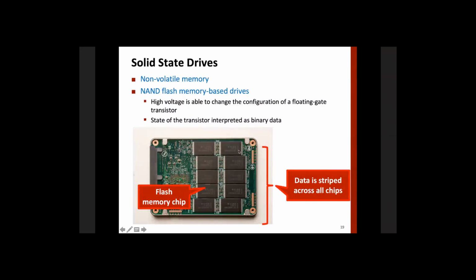That way you need 64 by 4, that is 16 different chips to store 64 byte data. So suppose you are reading a file, and within the file you are reading some portion, say 1,000 bytes. That 1,000 bytes will not come from a single chip. It will come out parallelly from multiple chips.